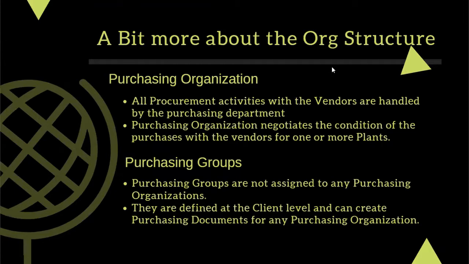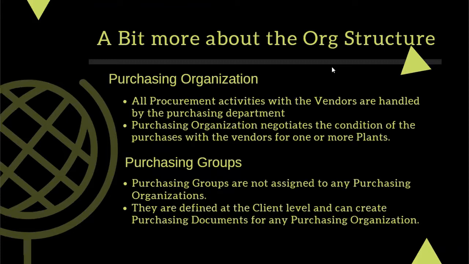A bit more about the organizational structure, especially about purchasing organization and purchasing group. Purchasing organization is nothing but a place where all the procurement activities with the vendors are handled by the purchasing department.